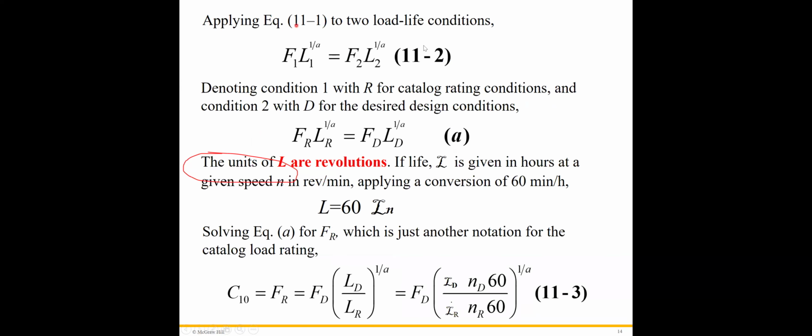Then we can define the two load-life conditions. One is for this rating life, defined by the manufacturer, and the other is the desired life and force, which is what you want.